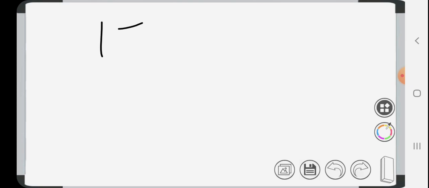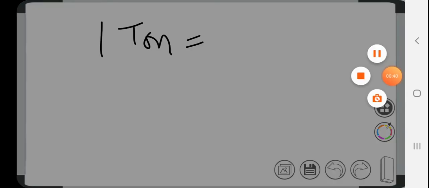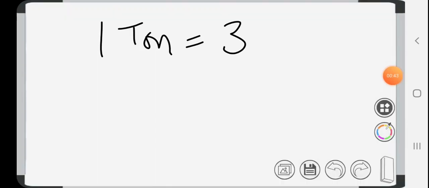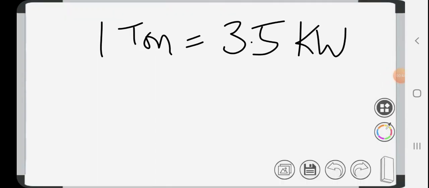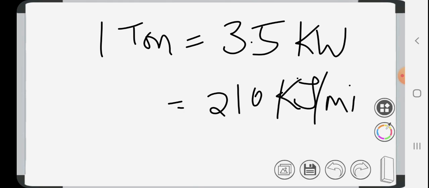Hope you remember, 1 ton equals 3.5 kilowatts, or around 210 or 211 kilojoule per minute. So this is how we define the unit of refrigeration.